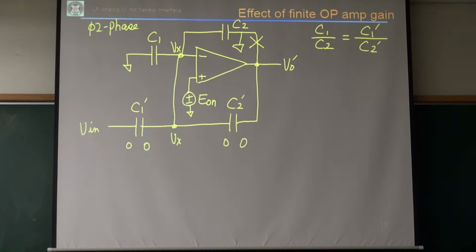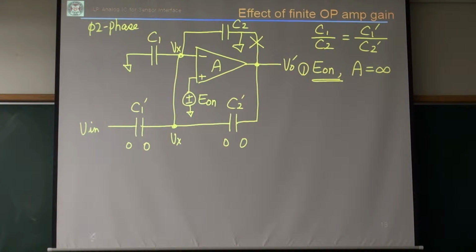Let's separate the offset error and the gain error in two stages. So we have input offset voltage, and for the first case, I don't have a gain error. My gain A is infinite. Then how is offset error compensated by CDS?